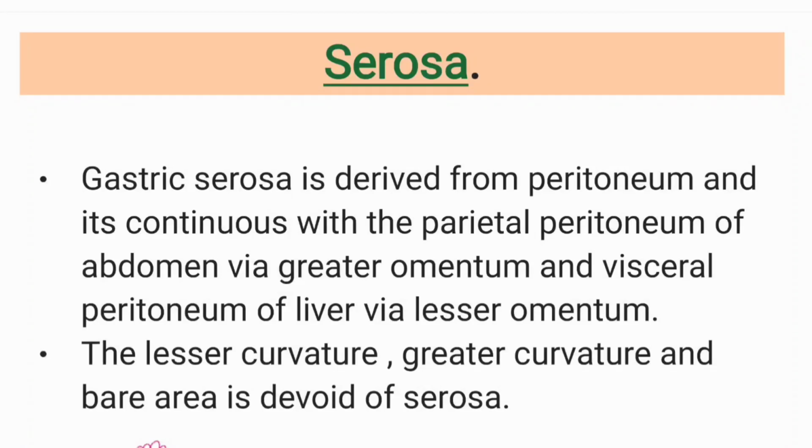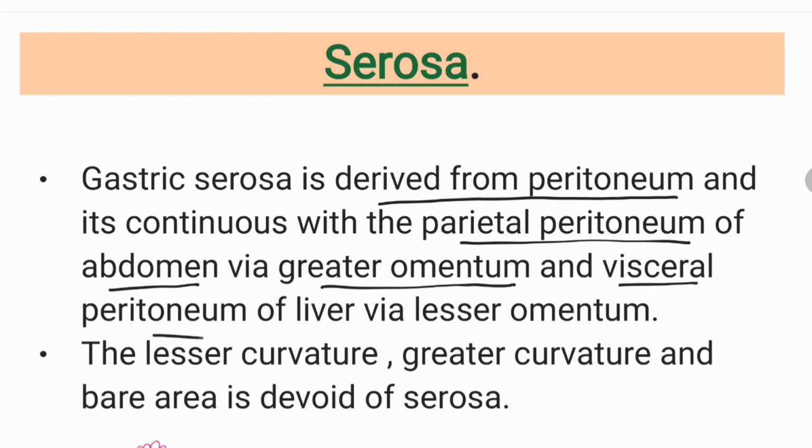The serosa is derived from the peritoneum, and it is continuous with the parietal peritoneum of the abdomen via the greater omentum, and with the visceral peritoneum of the liver via the lesser omentum.